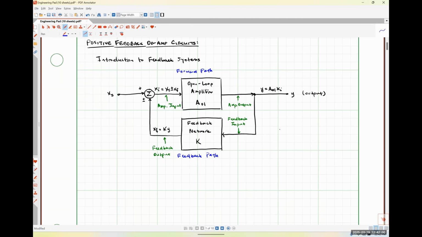So essentially, in any generic feedback system there are four essential parts. Our first essential part is what's called the feed forward system.